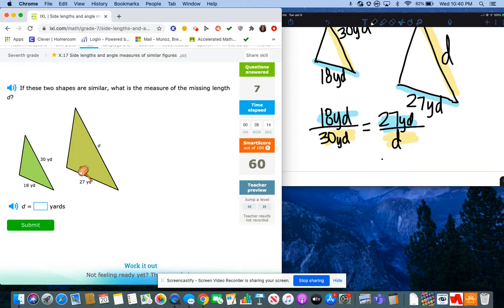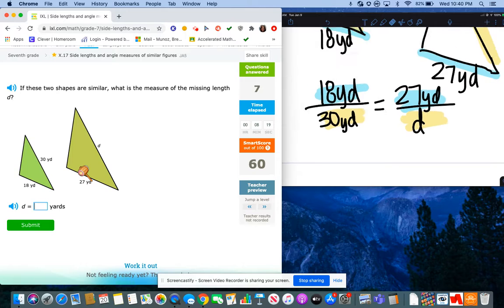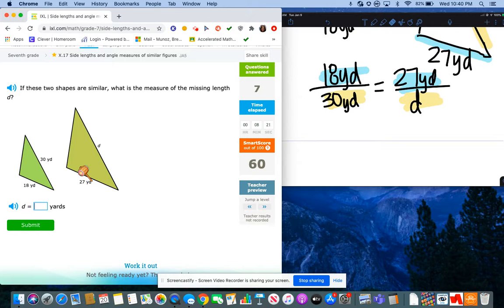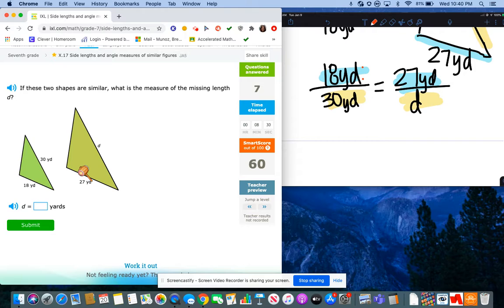So to solve this proportion, I think maybe we can simplify here before we move forward. I think I will simplify by 2. Just because if I simplify here by 2 and this by 2, I would end up with 9 yards and 15 yards, right?